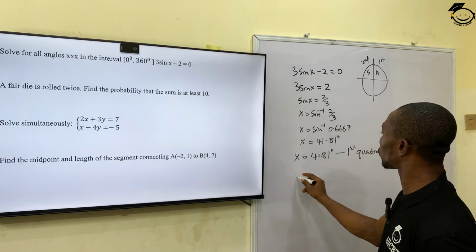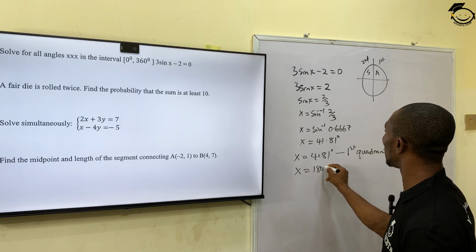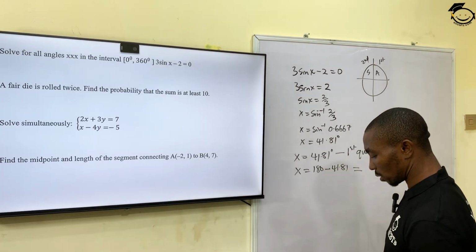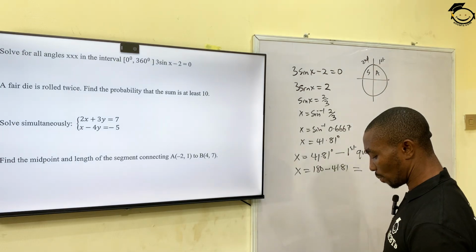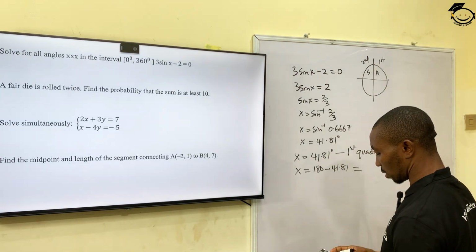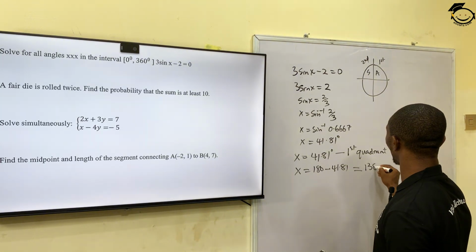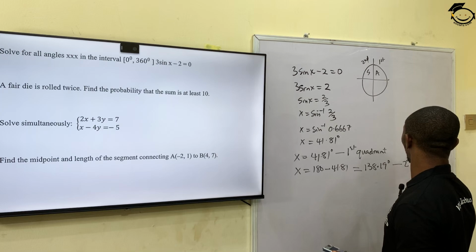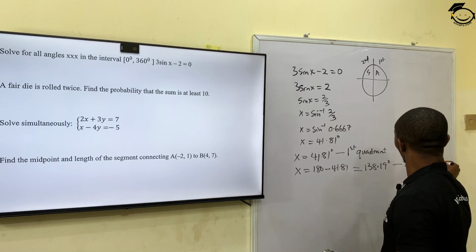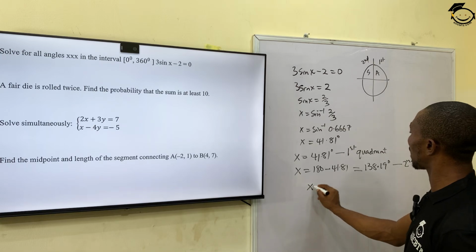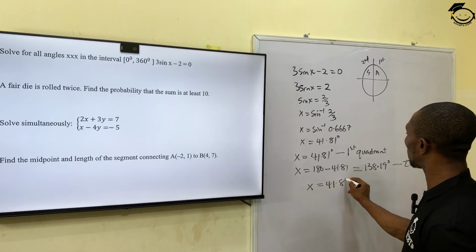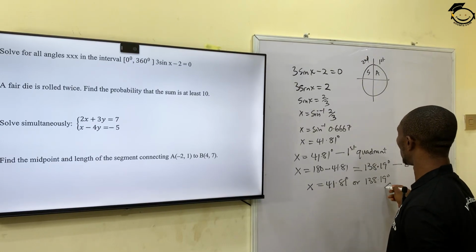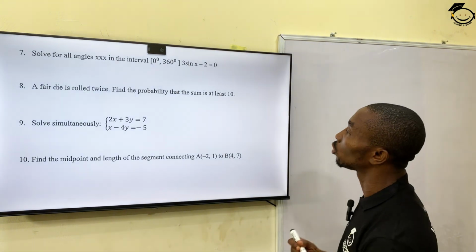For the second quadrant, x equals 180 minus 41.81, which gives us 138.19 degrees. So the two values of x are x equals 41.81 or 138.19 degrees.